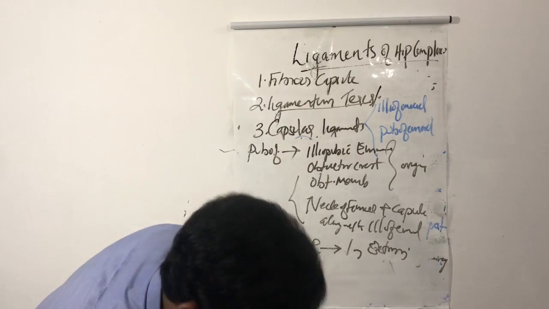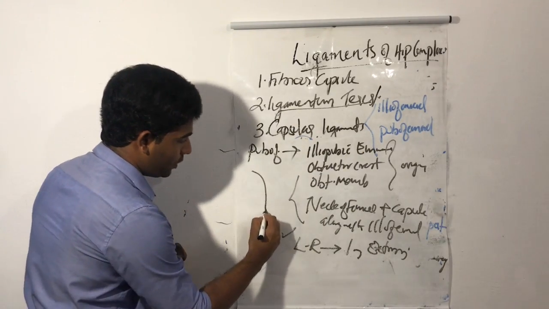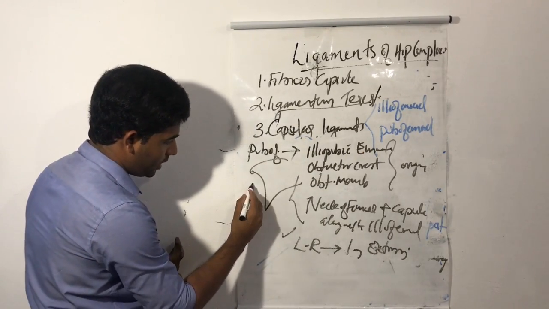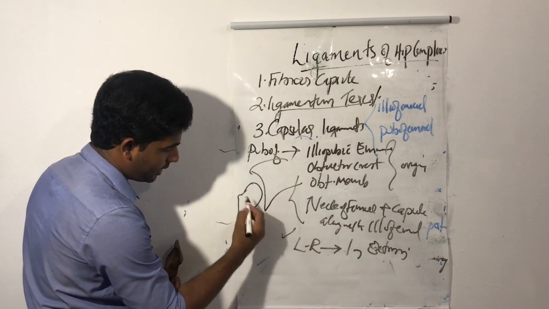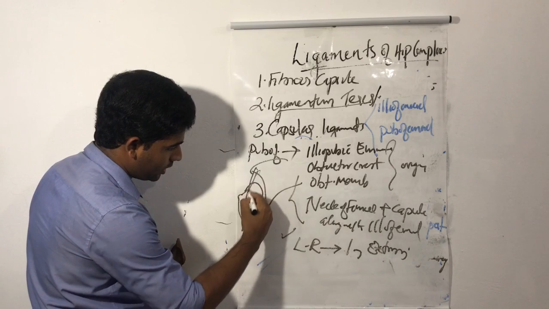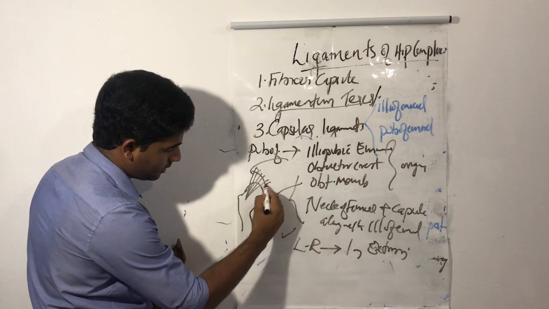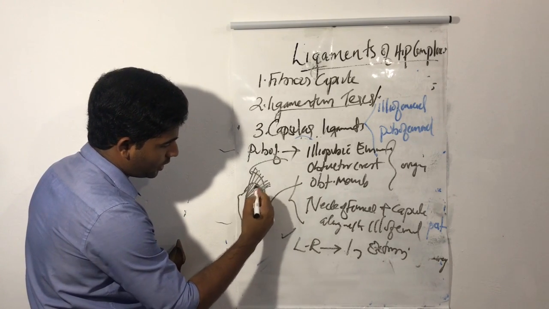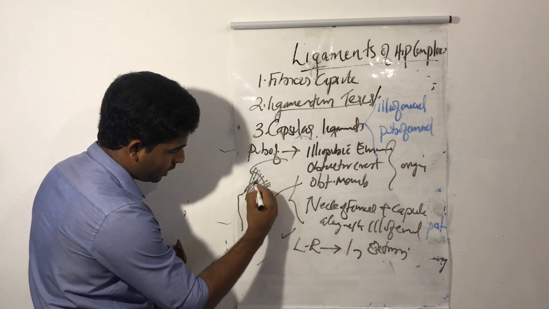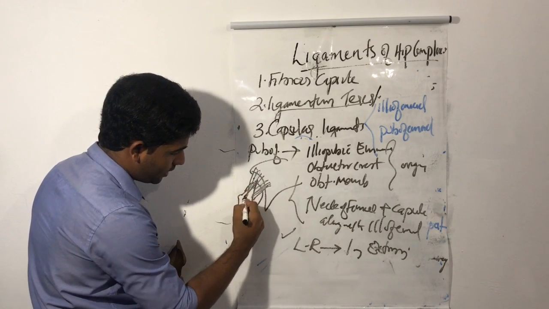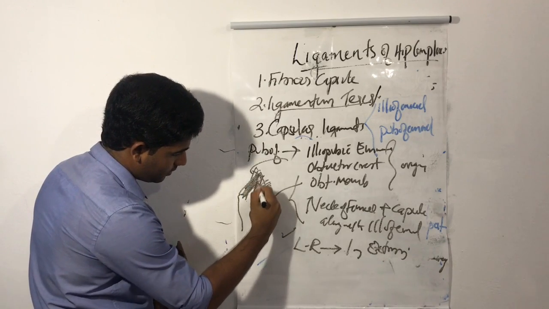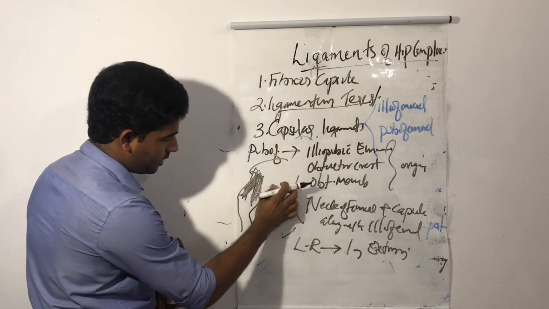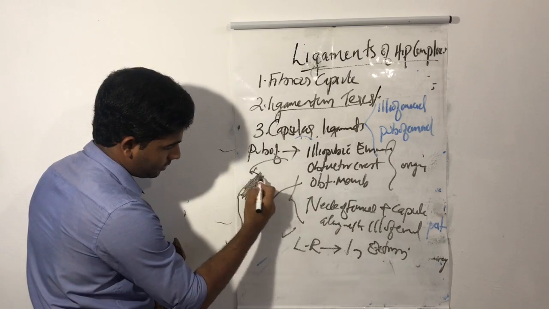So if you draw a diagram, you have the acetabulum over here, you have the femur over here, you have the neck and intertrochanteric line, you will have this iliofemoral ligament like this, the inverted Y shaped ligament having two bands, exactly like this.